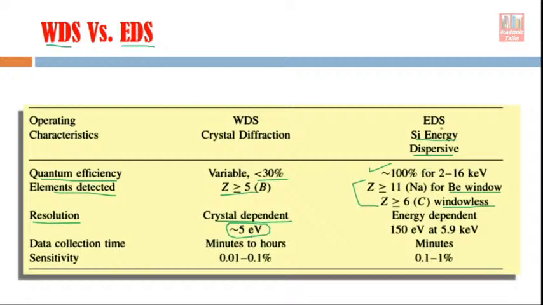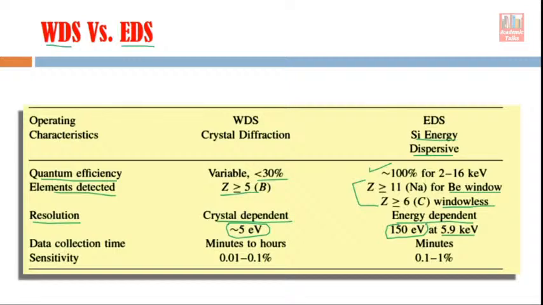But in case of the energy dispersive spectrometer, the resolution is energy dependent, and most of the time, at an energy of 5.9 kilo electron volt, the resolution is about 150 electron volt. It means the two peaks we get at the output should have an energy gap of at least 150 electron volt.